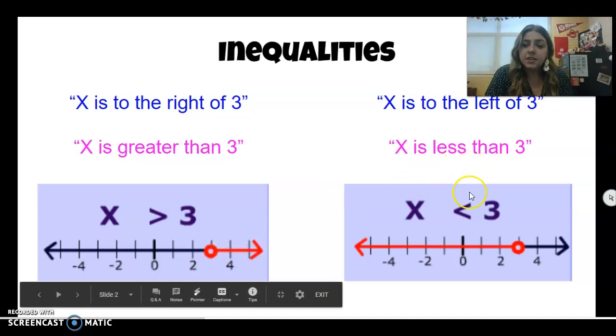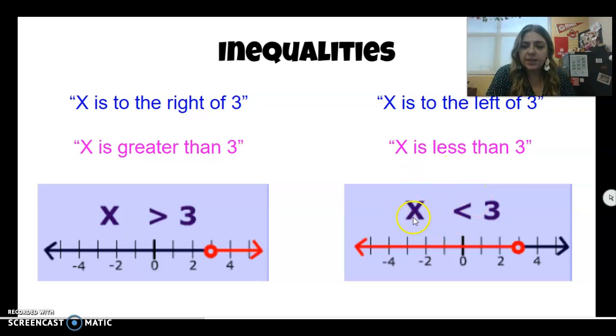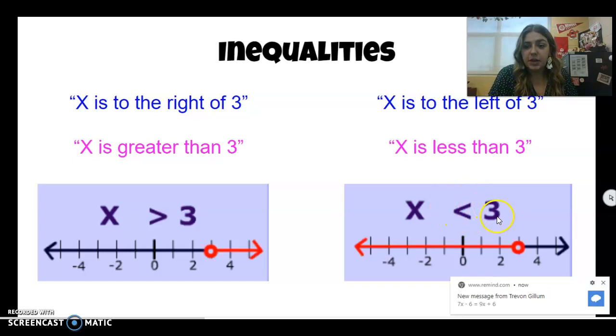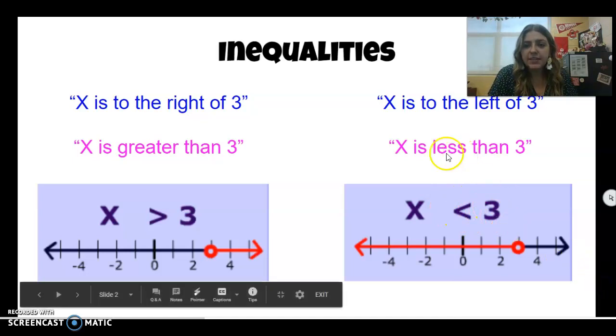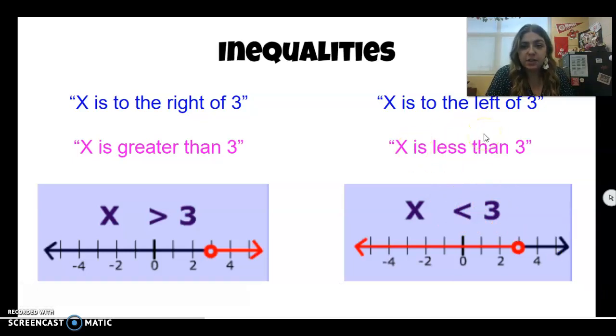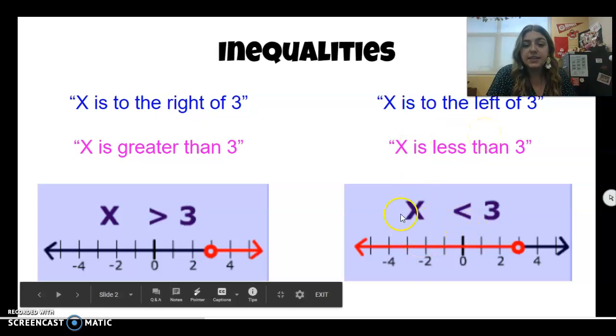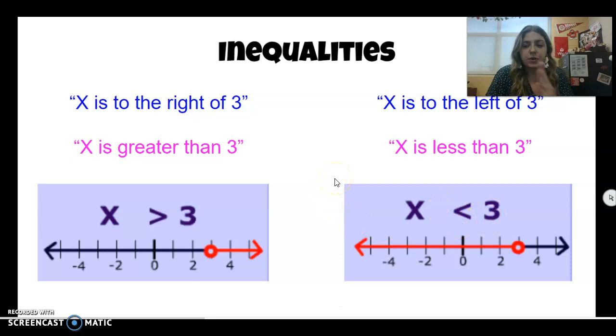On the other hand, over here, we have an x, my arrow is pointing left, and then we have a 3. So we have x is to the left of 3, which means x is less than 3. Okay, so because anything to the left of 3 on a number line is less than that value.